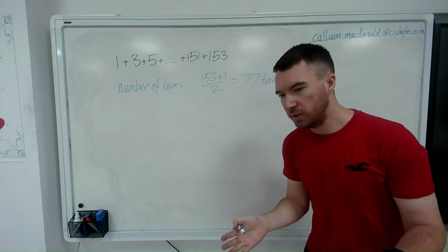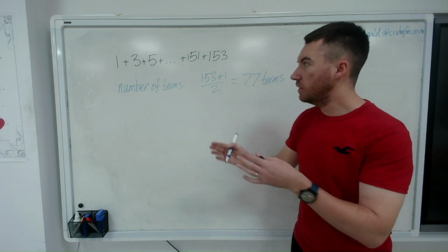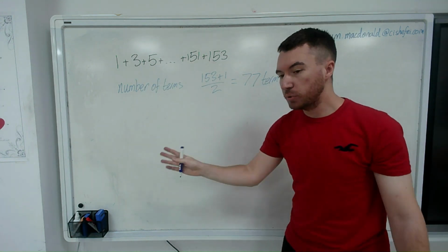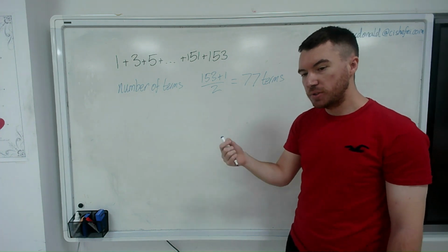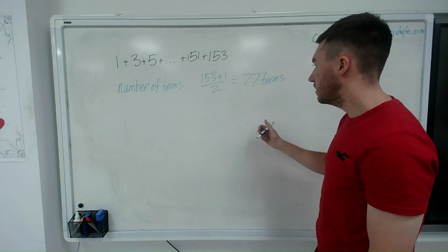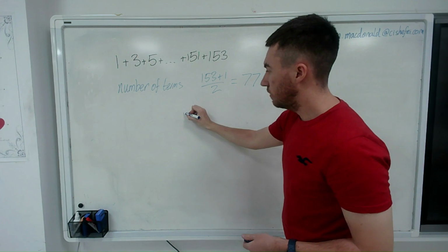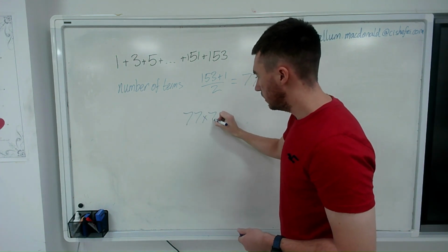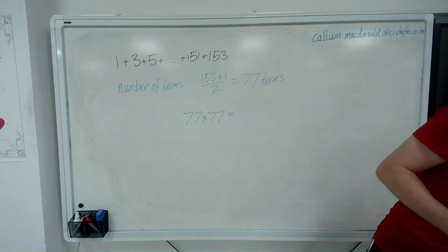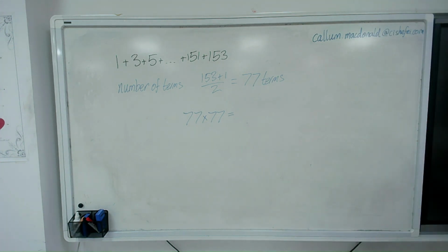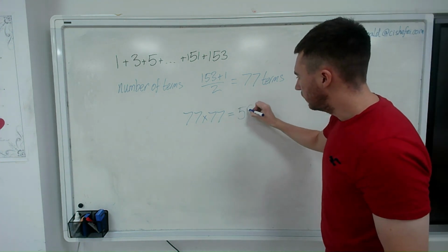And we know from our formula that we worked on before that this sum, or the number of circles in the square, is equal to the number of terms times the number of terms, which is, in this case, 77 times 77, which equals 5929.